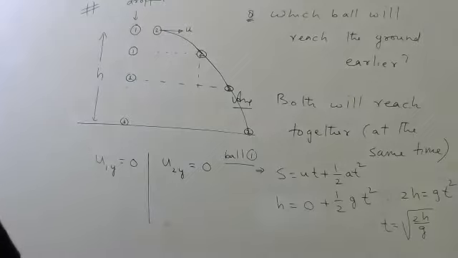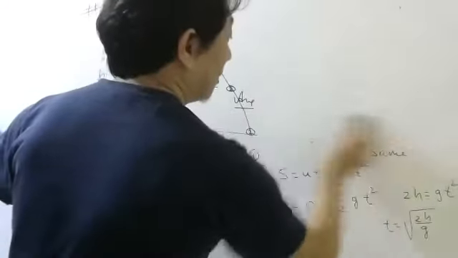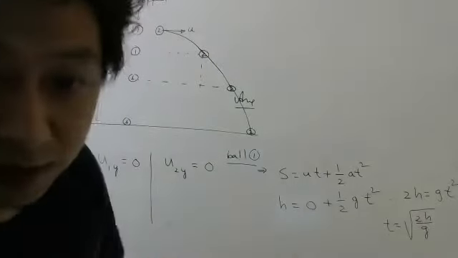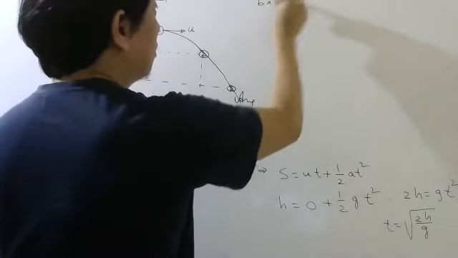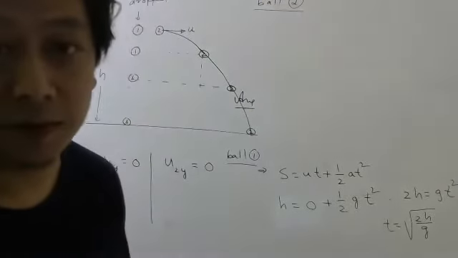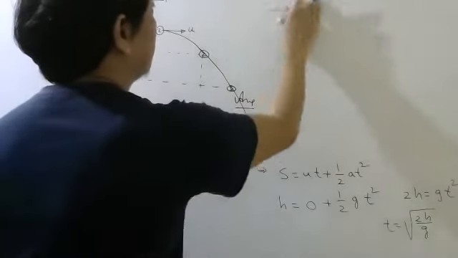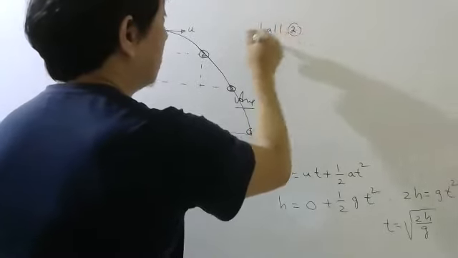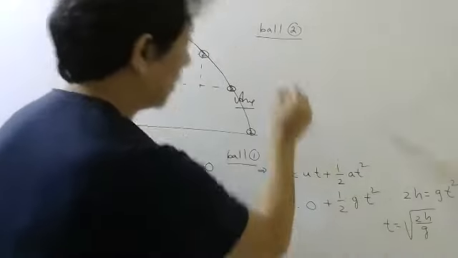Now for the second ball, for ball number 2, directly we cannot write this formula because ball number 2 is performing 1D motion or 2D motion? Ball number 2 is performing 2D motion, right? So for ball number 2, how should I write this formula?